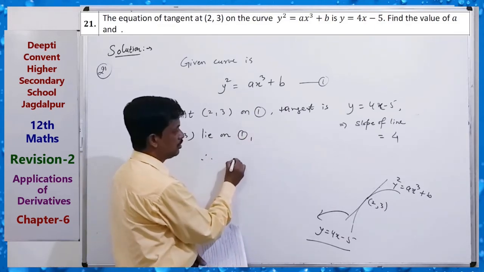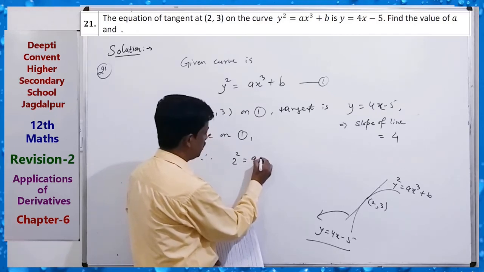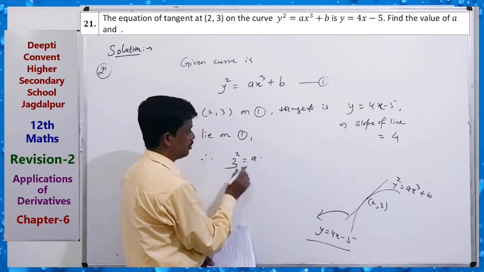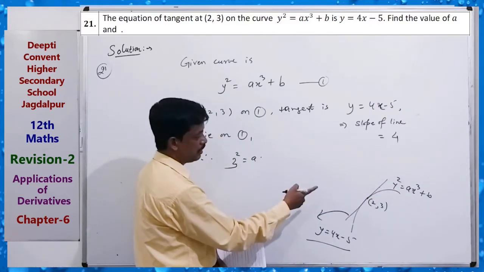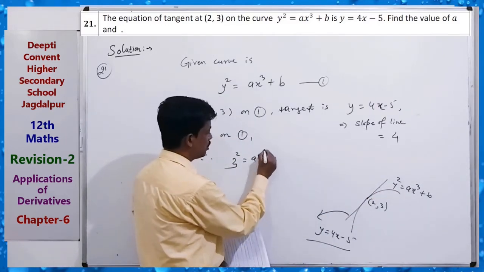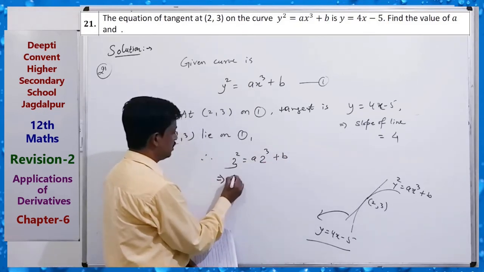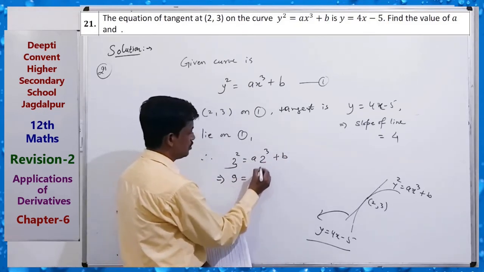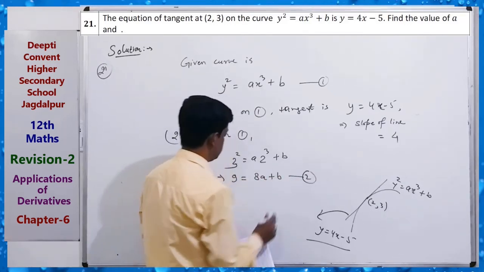Therefore 3² = a(2)³ + b. So this is 9 = 8a + b. This is equation 2.